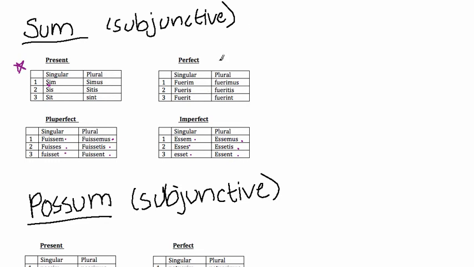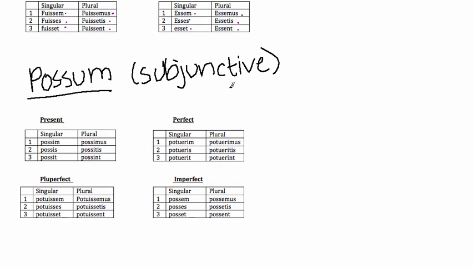And finally, we have our perfect tense, and it was formed the same way. There are no passive forms of sum or possum, so that makes things a little bit easier. What you do is you add erim, eris, erit, erimus, eritis, erint to your third principal part minus the last letter.